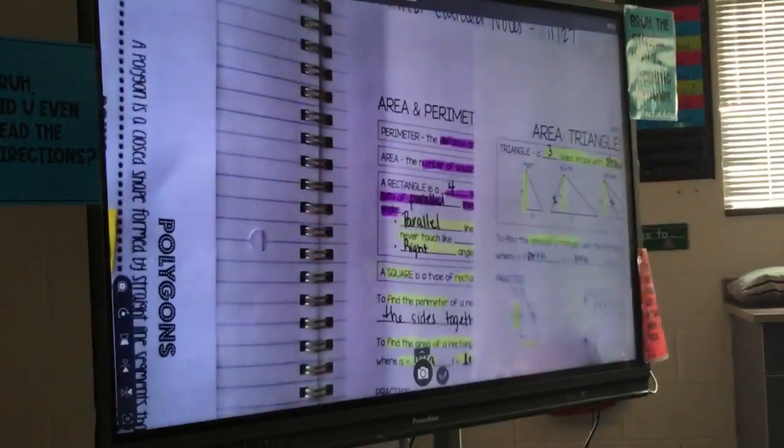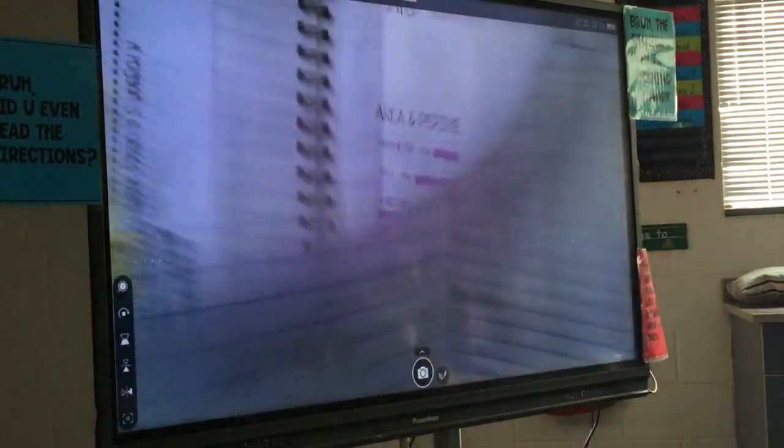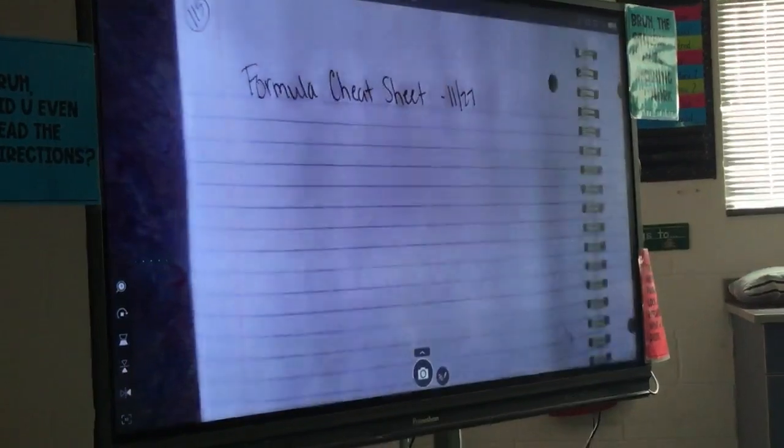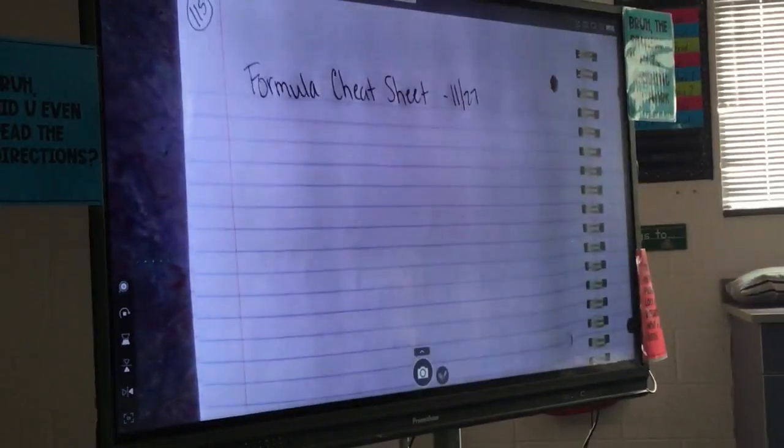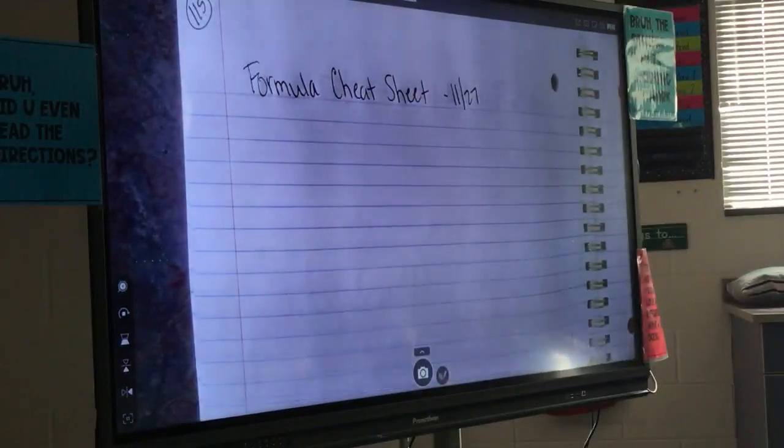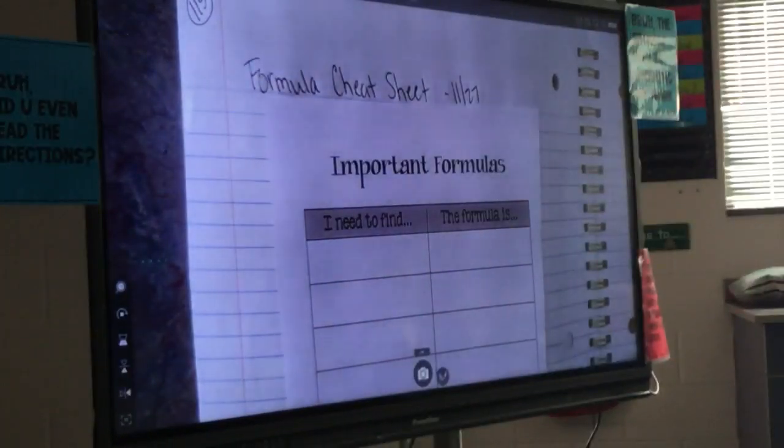Not this, no. I mean, this is part of it, but not the whole thing. All right, once you have that done, turn the page, and I need you to write on the next blank left page, formula cheat sheet. And that is this piece of paper that I pass out to you guys. You can glue this down, all the way down.